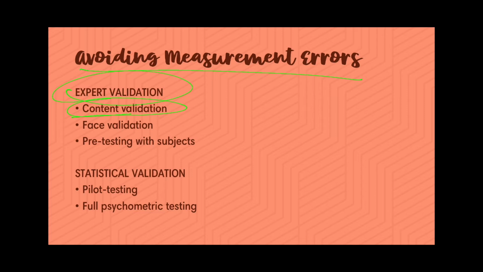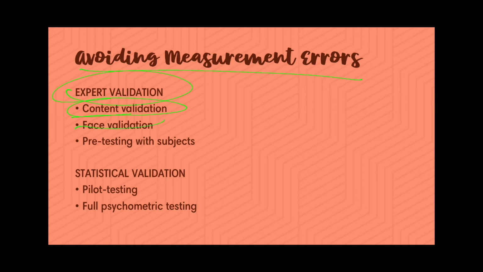Usually when we do content validation, we get 3 experts in the field, and we have them look at our indicators, make comments, make additions, make subtractions, or make edits in relation to how we state the indicators, and make sure that each one is contributing to the overall variable that we are trying to measure.